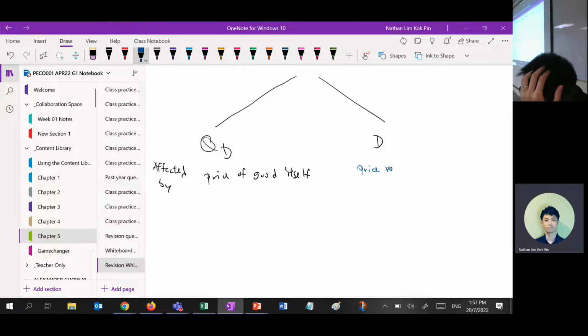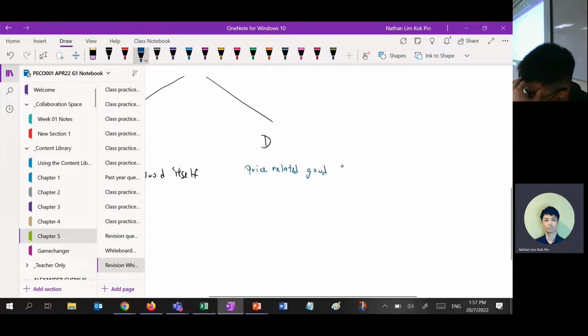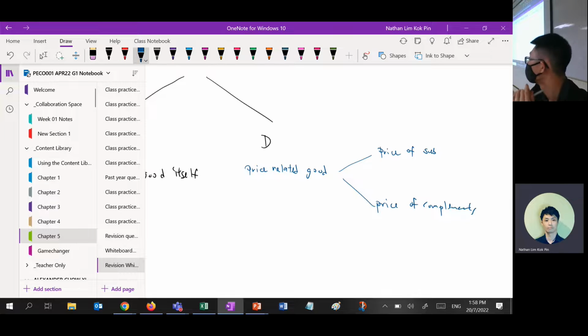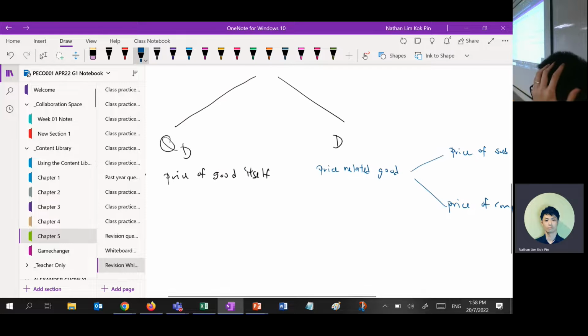That's why you must always write properly. You cannot just write price, right? If you only write price, I don't know whether you're talking about the price of goods or the price of related goods. Price of related goods, we can further break down into price of substitutes and price of complements. They will also affect the demand, right? Then we have income.